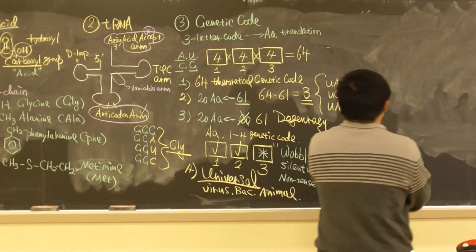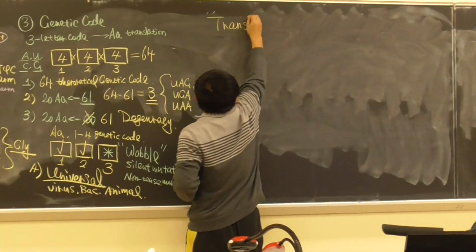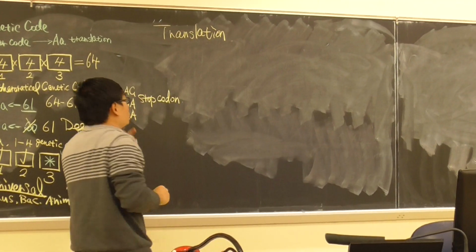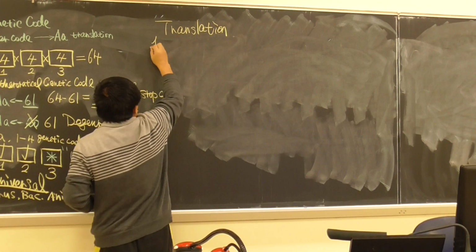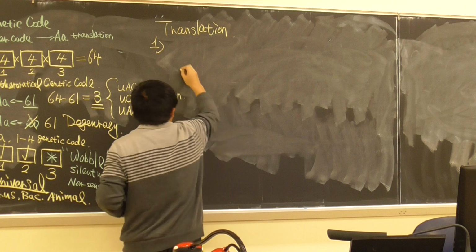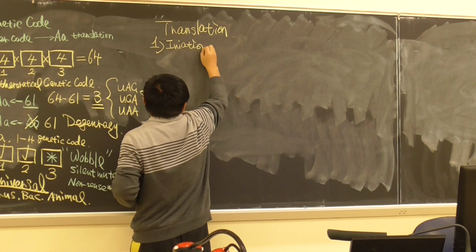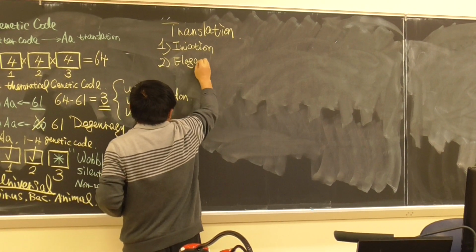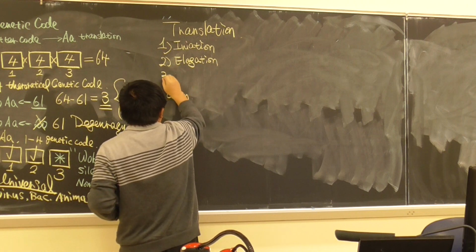We're going to go ahead and talk about the details of translation. When we talk about translation, very similar to before, also 3 stages. What are they? Initiation, elongation, and termination.